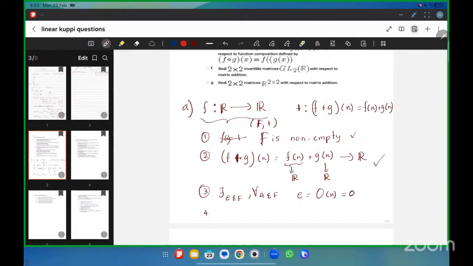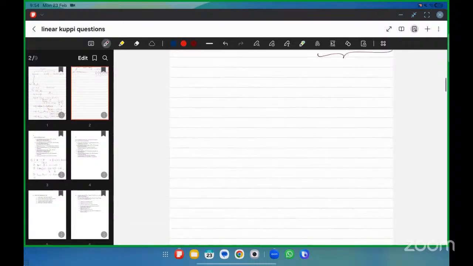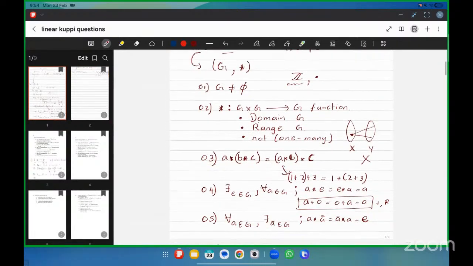And the final one, the fourth one, is the existence of an inverse. Okay, I think I missed one.